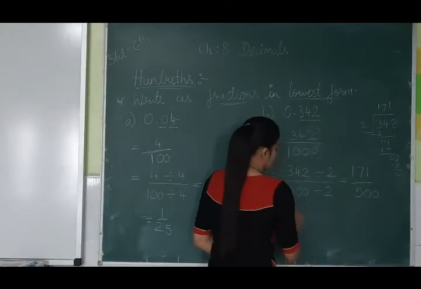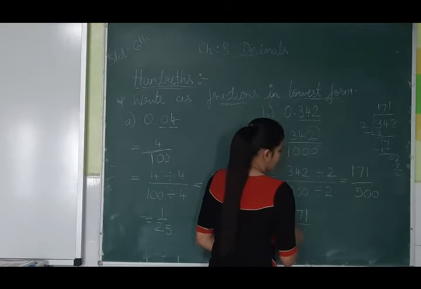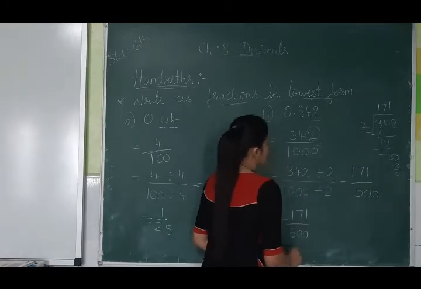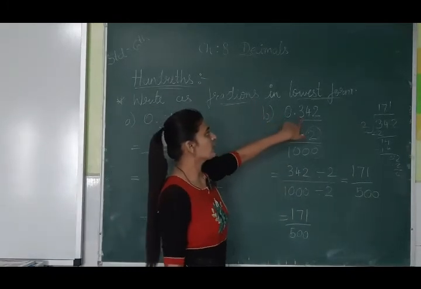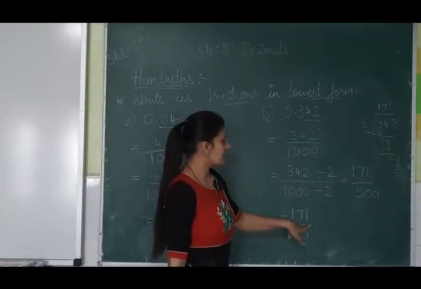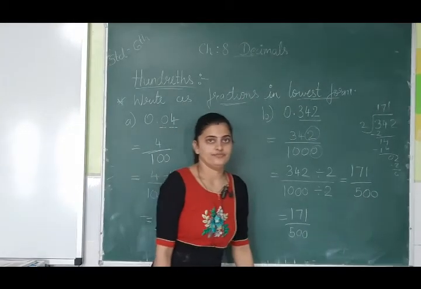So the final answer is 171 divided by 500. So the fraction form of 0.342 is 171 divided by 500.